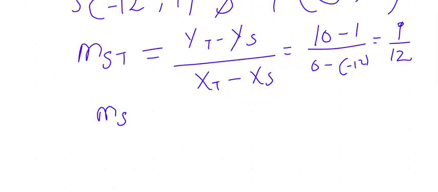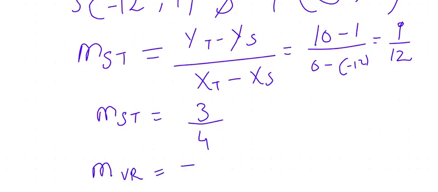Since VR is perpendicular to ST, the gradient of VR, which is mVR, is the negative reciprocal of mST.